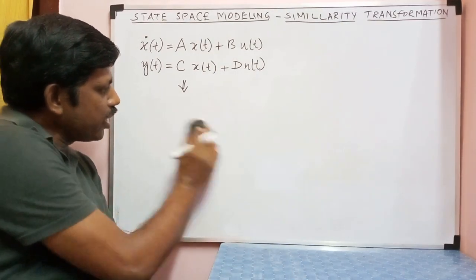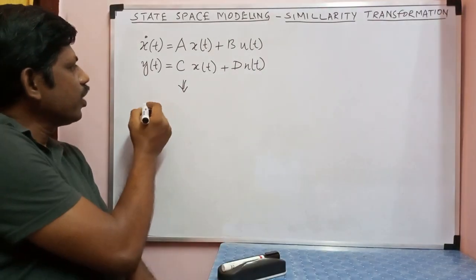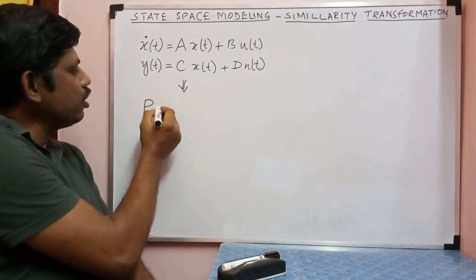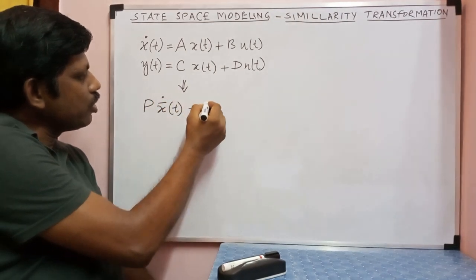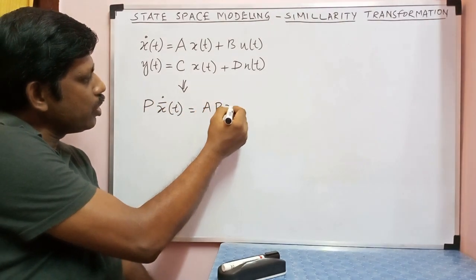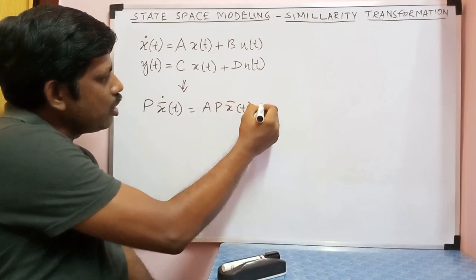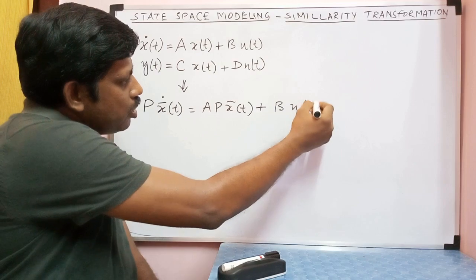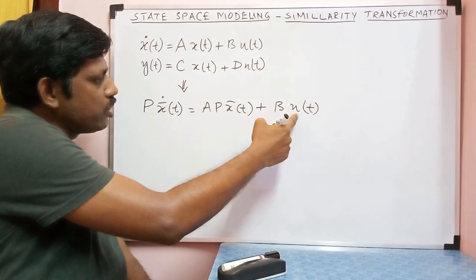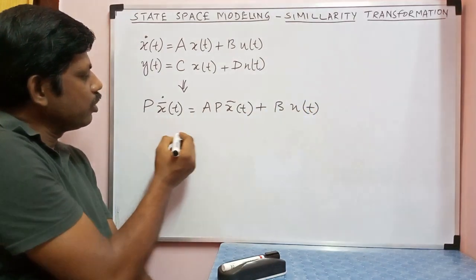So if I use that notation, I can write it as P x bar dot of t is equal to A P x bar of t plus B u of t. Please note that there is no change in the input vector.